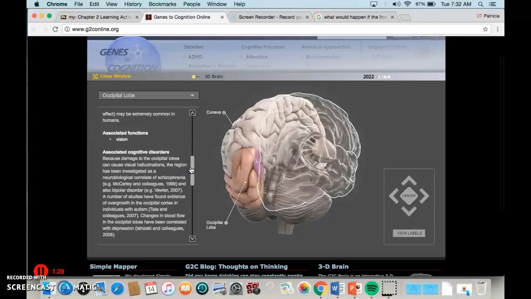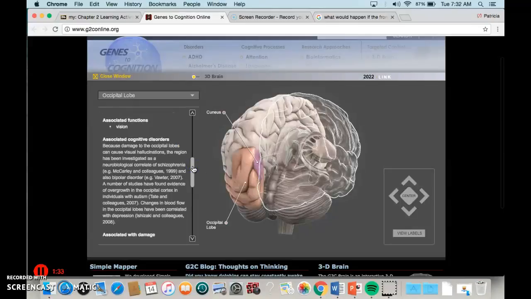Associated function is vision, and some associated cognitive disorders are schizophrenia and also bipolar disorder, because damage to the occipital lobes can cause visual hallucination.